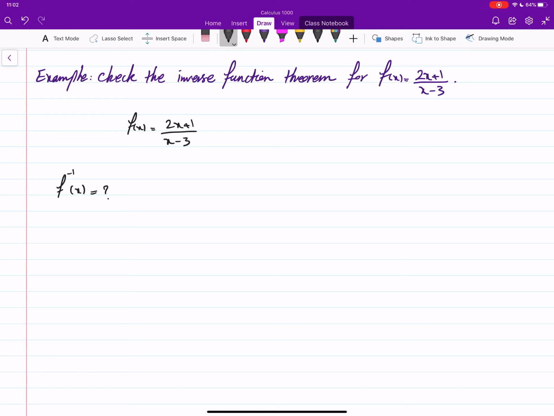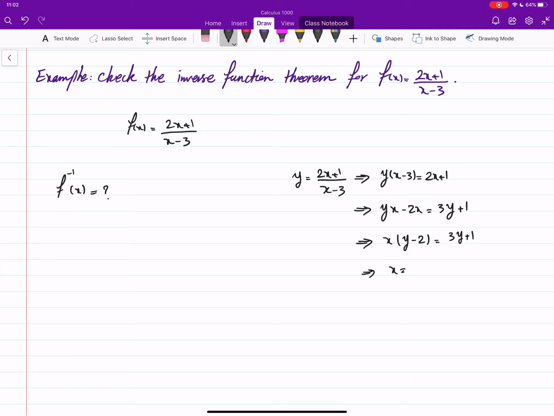Remember, we start with y equals 2x plus 1 over x minus 3 and try to solve it for x. So y times x minus 3 equals 2x plus 1. Then y x minus 2x is equal to 3y plus 1, which gives x times y minus 2 equals 3y plus 1, and we found the inverse.